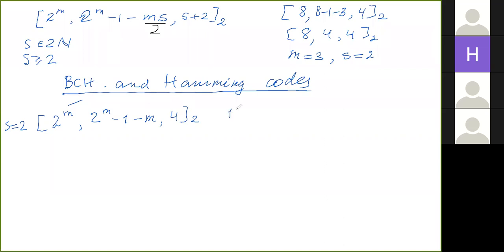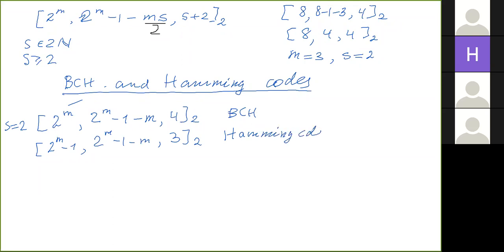So this is BCH. And recall that the Hamming code has parameters which are very close to that: 2 to the m minus 1, 2 to the m minus 1 minus m, but 3. So this is Hamming code.